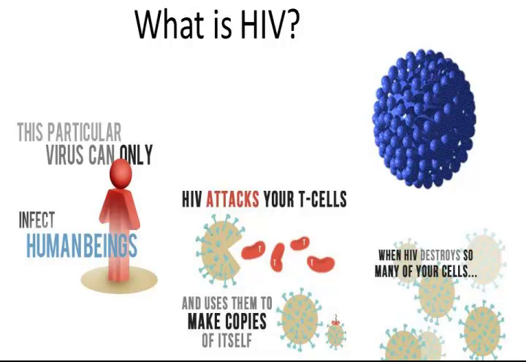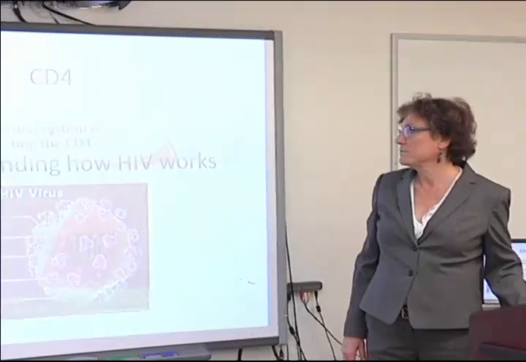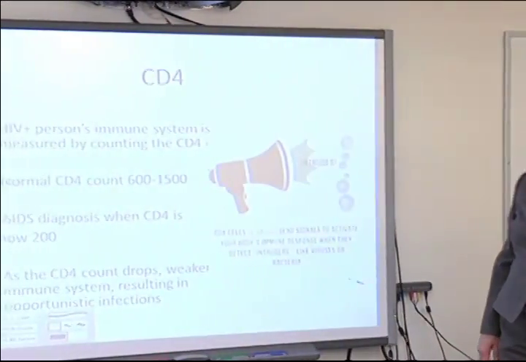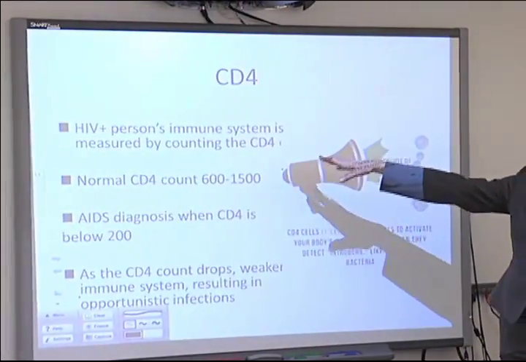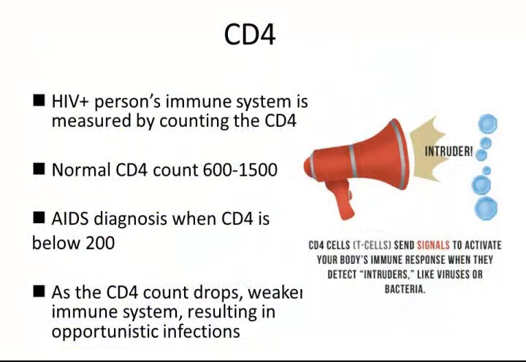And a little bit more detail there. So understanding how HIV works. An HIV positive person's immune system is measured by counting the CD4 or T cell count. Both those terms are interchangeable. A normal CD4 count is between 600 and 1500.